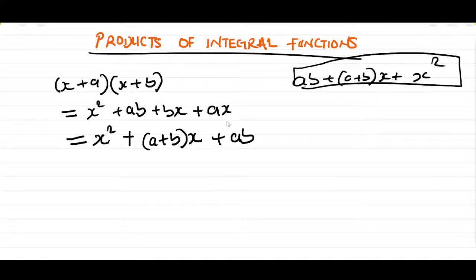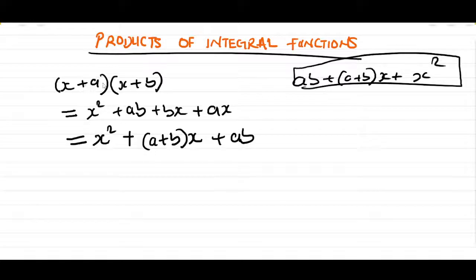So here we're going to leave it in this form. What we observe is that we are multiplying out x plus a and x plus b. The end product is that we just have x squared, then a plus b x, and then ab.